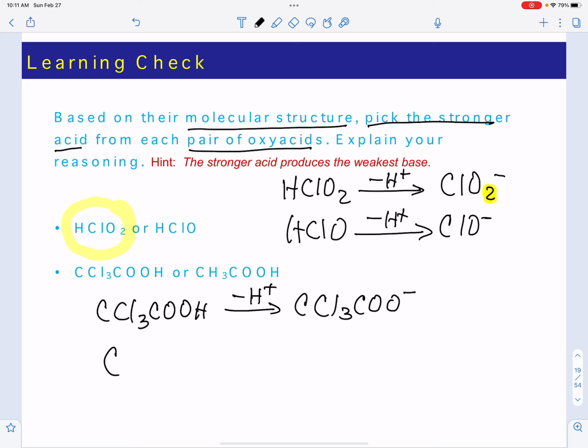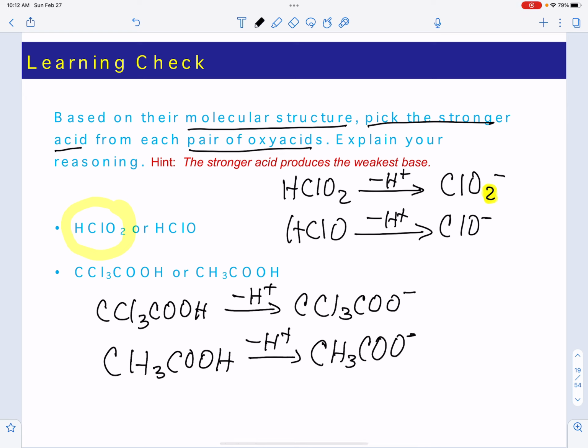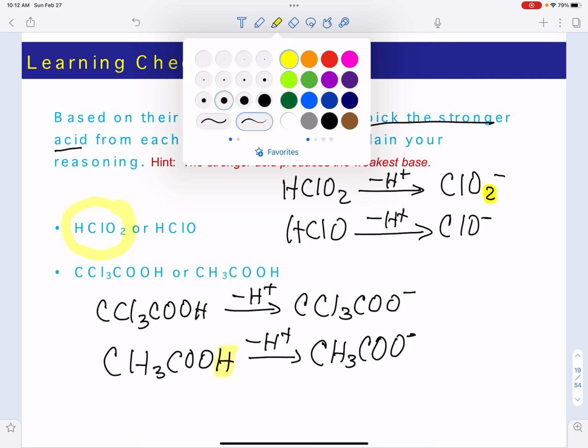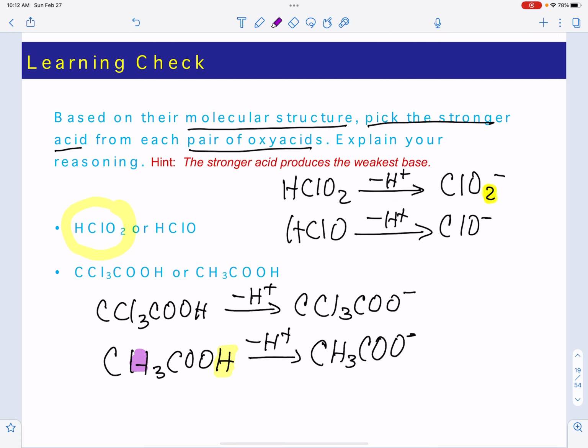The other one is CH3COOH behaving like an acid, losing a proton, and it's going to give us CH3COO negative. And you may be asking, why did you take this hydrogen and not one of these?